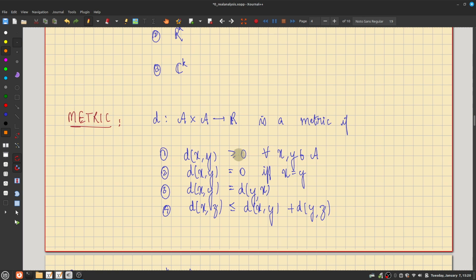So for every pair of elements, this metric always has to be greater than or equal to 0, and if those 2 points are distinct, if x is not equal to y, then the distance between them, or the metric, should be strictly greater than 0. Right?